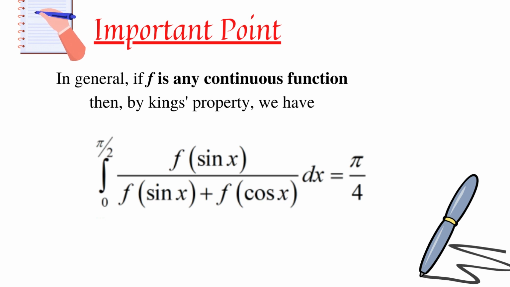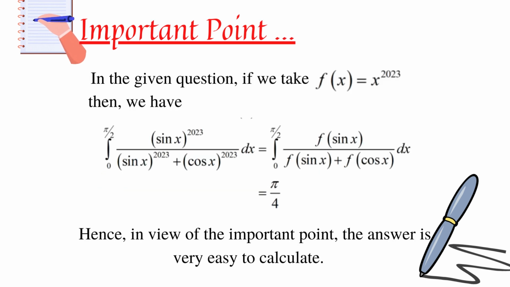In the given problem, if we identify the function f as f(x) equals x to the power 2023, then our initial problem reduces to this general integral, and the answer is direct. It is pi by 4. Anyone can answer it using the general important point.